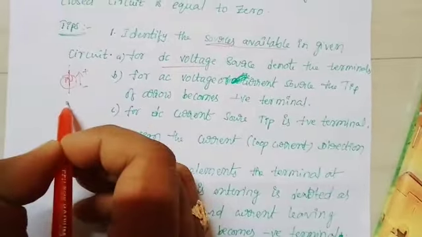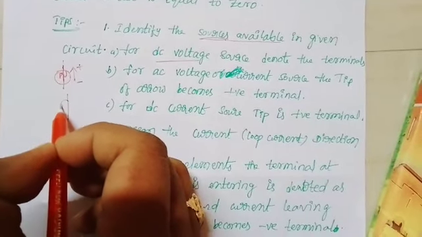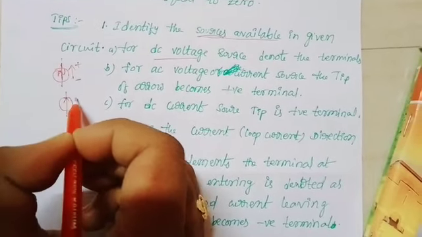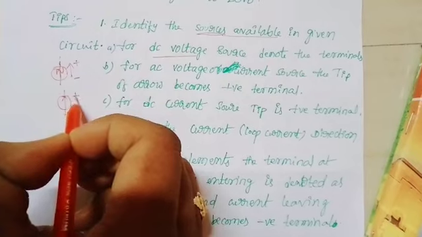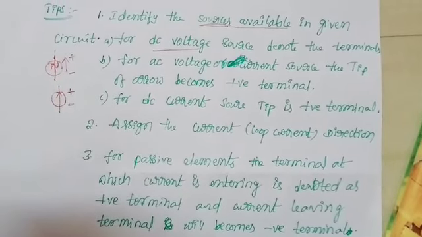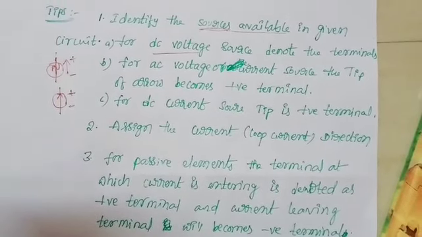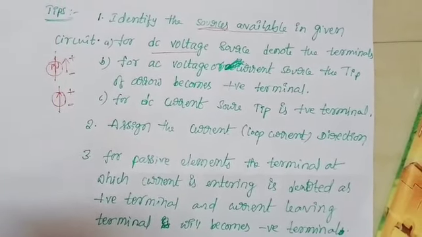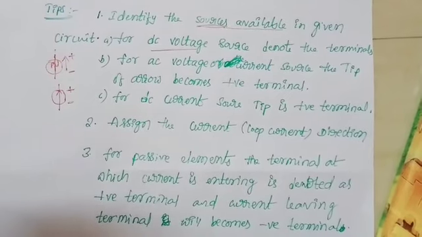Similarly, for a DC current source or AC current source, the tip becomes positive and the tail becomes negative. So for the sources, these are the terminal notations we need to follow.